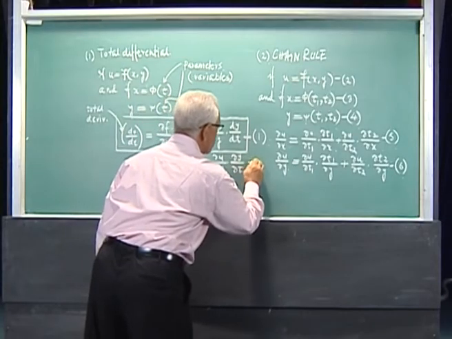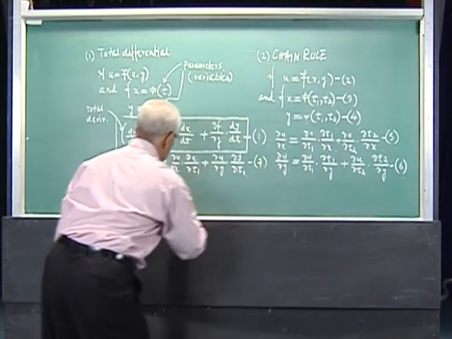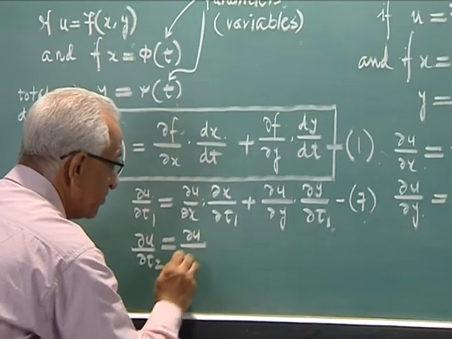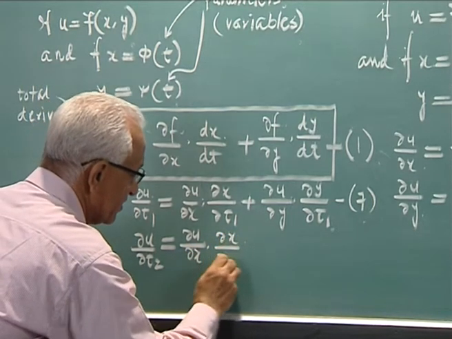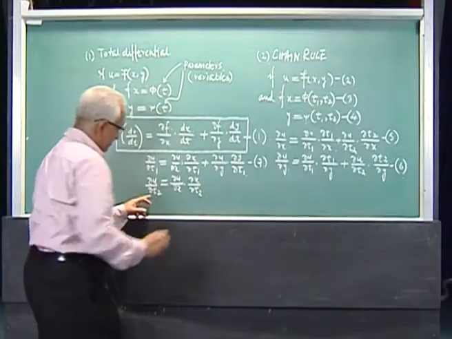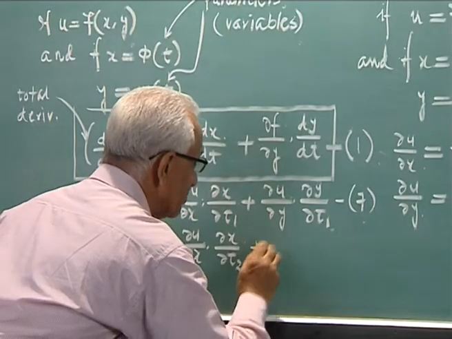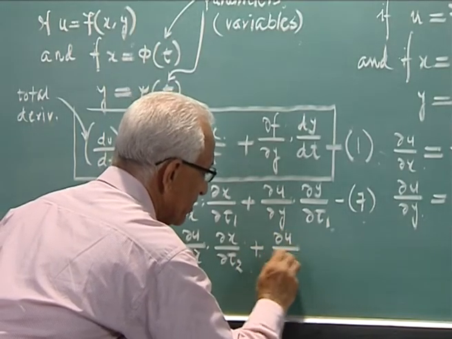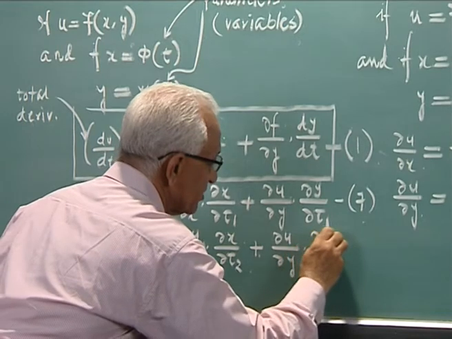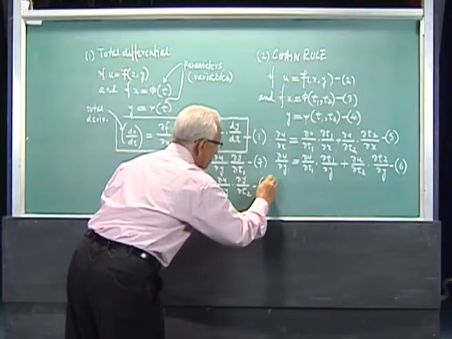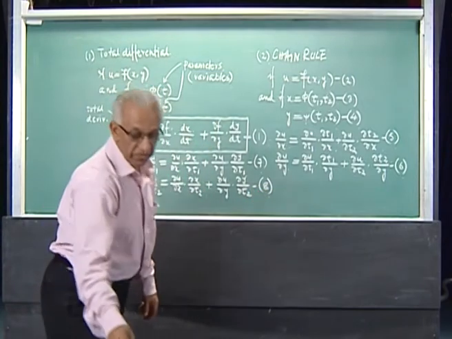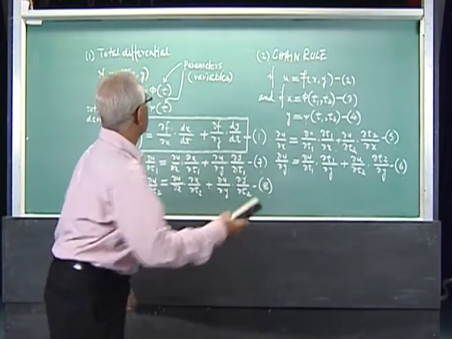I'll call it equation 7. And here we have ∂u/∂x · ∂x/∂t2, because I am doing with respect to t2, and therefore ∂u/∂y and this is ∂y/∂t2. That marks the end of all these formulae with which we will be dealing today.